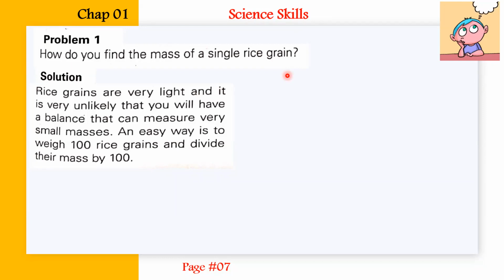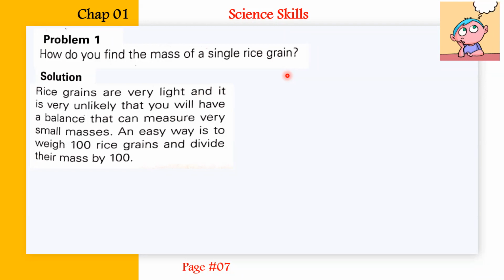We will collect 100 rice grains, and then we will find the mass of the 100 grains, and after that we will divide that mass by 100, so we will get the mass of 1 grain. This is an easy way to find the mass of a rice grain.